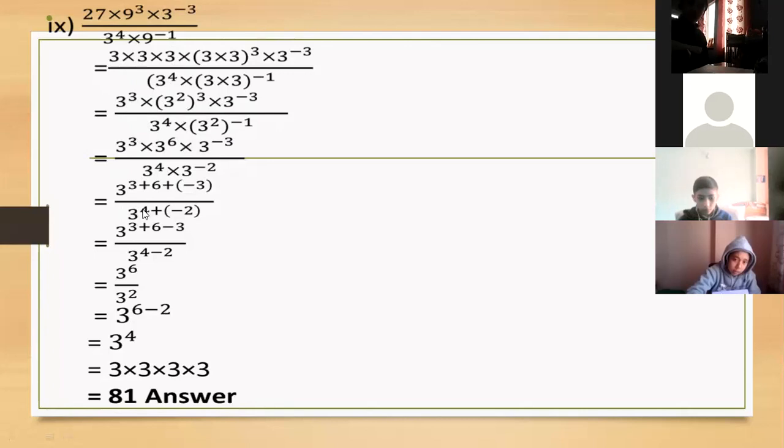We find the sum of their power. And 3 to the power 6 and 3 square below it. It is division. We have to subtract the power keeping the base same. 6 minus 2 is 4. 3 to the power 4 means 81.